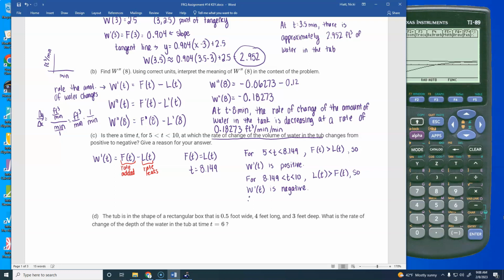And then I would restate what the question asks. Therefore, at t equals 8.149, the rate of change of the volume of water in the tub changes from positive to negative.